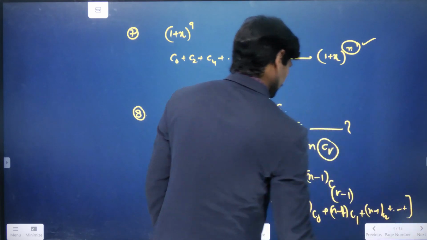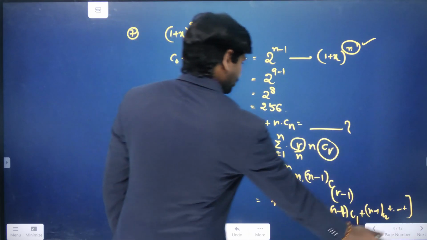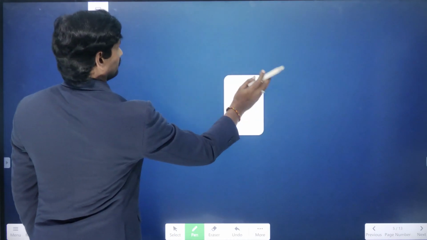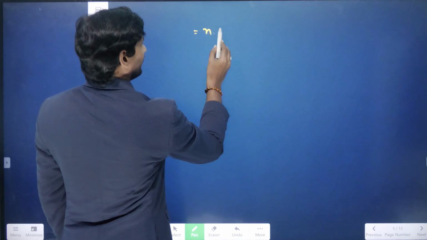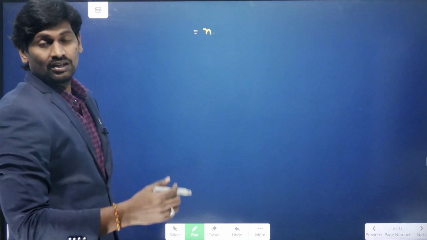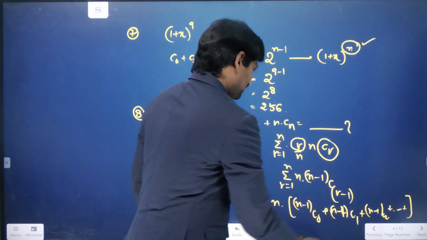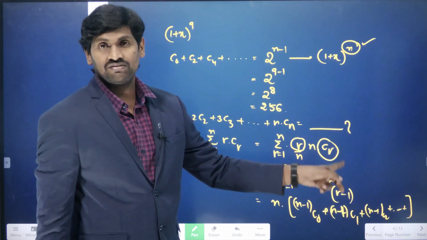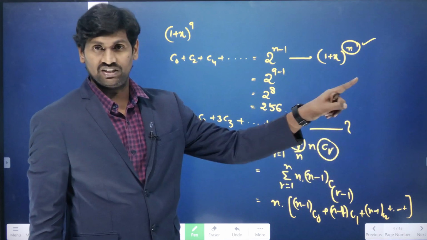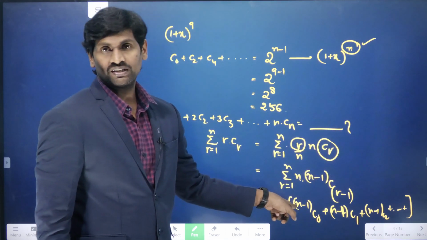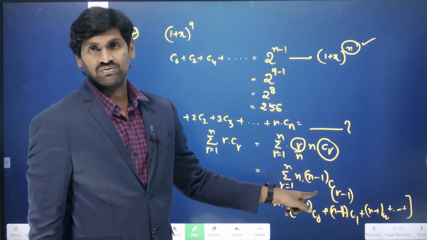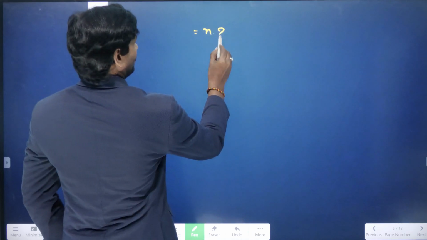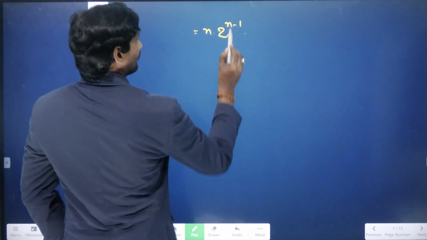That equals n into, while you are observing, all terms are coming here: C0, C1, C2. nC0, nC1, nC2 sum is nothing but 2 power n, but in the place of n we are having n minus 1, so we can write 2 power n minus 1 for the remaining part.